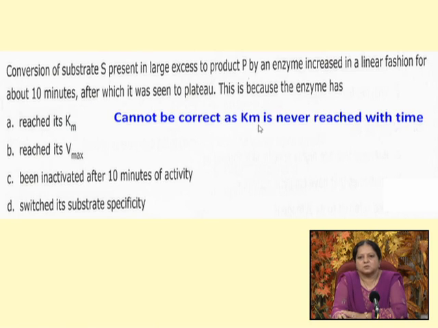Km is reached when a particular substrate concentration is added into the reaction mixture. The reaction may proceed at that, and that is how you actually estimate Km. So Km is a constant and it is not reached with time, I would say. The enzyme has reached its Vmax.